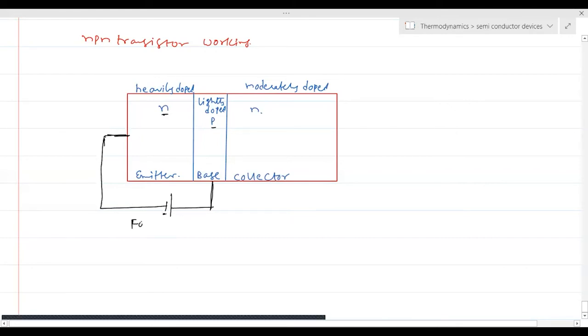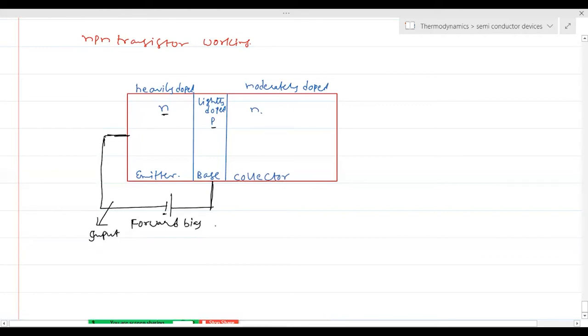Therefore we are taking the input as forward bias. So this is called the input. Here we are taking this as the battery, let us say VBE. This is VB.